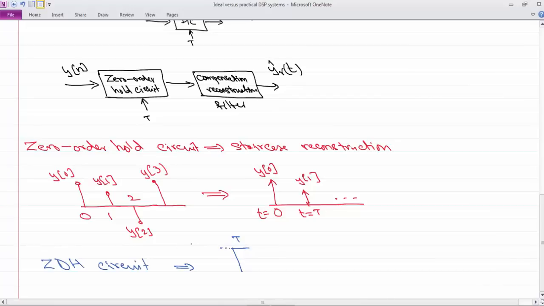So this value will be y[0]. This is now in continuous time. So this is t equal to 0. At t equal to capital T, it will go to the next value, which is y1, and it will hold that for T seconds. At the next T seconds, it will go to y2 and hold that for T seconds.